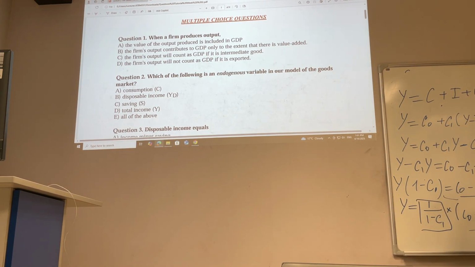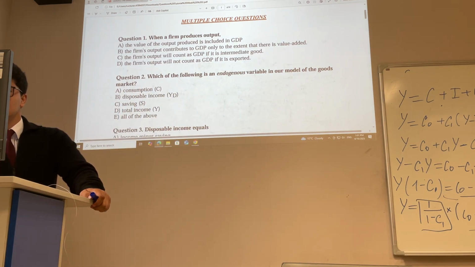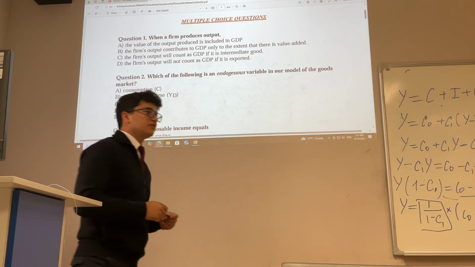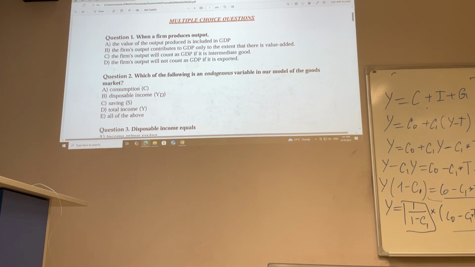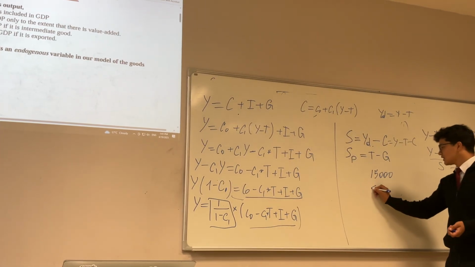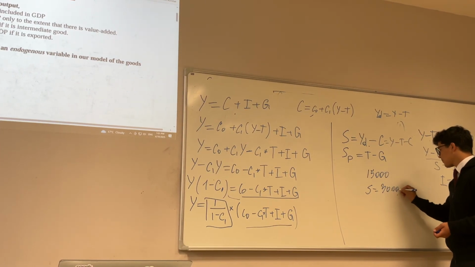So guys, look at B. The firm's output contributes to GDP only to the extent that there is value added. Also, if you read the book, there's something called value added. Value added means how much value they're adding. For example, let's think about steel production. They have coal, so coal is $15,000, and steel's revenue was $30,000.